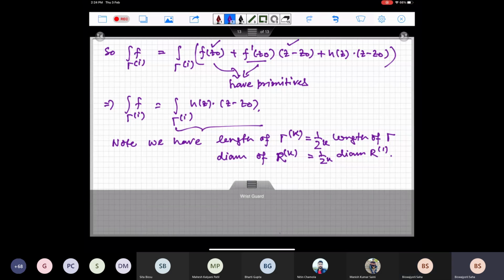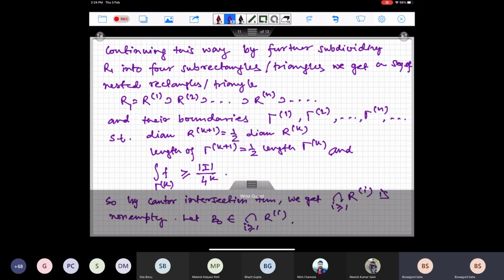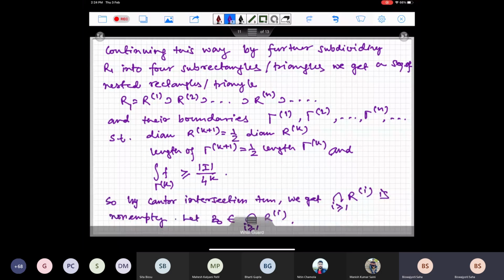Just a moment. So here it should not be gamma 1, it should rather be gamma, right? Let me just check once.